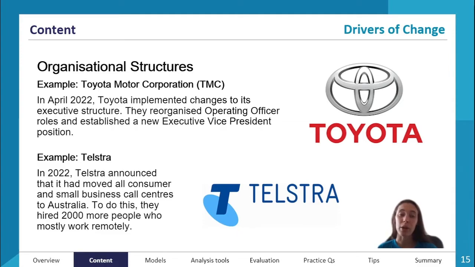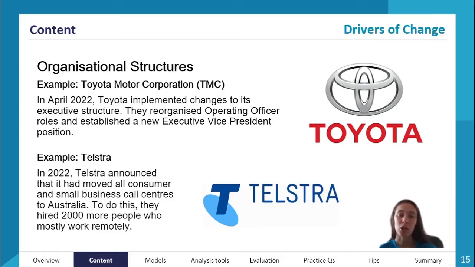And also in 2022, Telstra announced that it moved all consumer and small business call centers to Australia. Previously, they had some of those call centers overseas with that offshoring strategy. So to do this, with this change, they hired 2,000 more people who mostly work remotely.